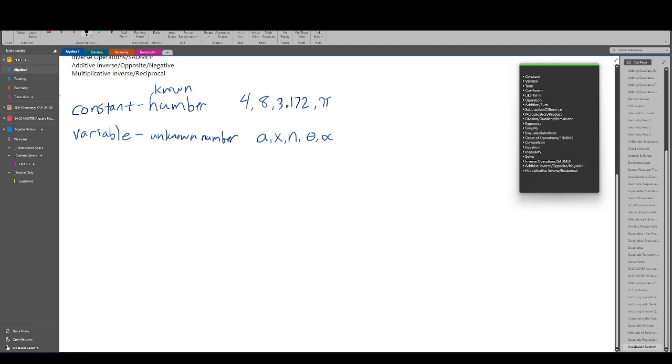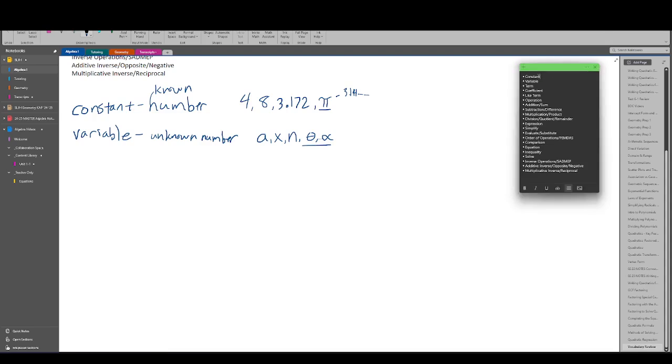Interestingly, these Greek letters can stand in as variables, whereas pi, which is also a Greek letter, is a constant and always has the value of 3.141 and then on forever. So yeah, those are variables.